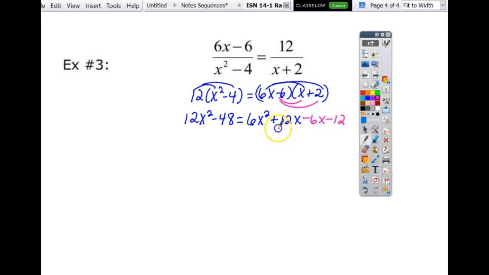And so when I combine like terms on this, I'm going to get 6x squared plus 6x minus 12.